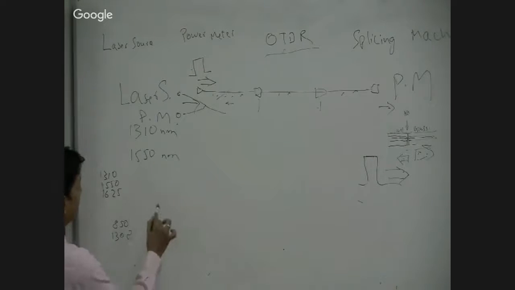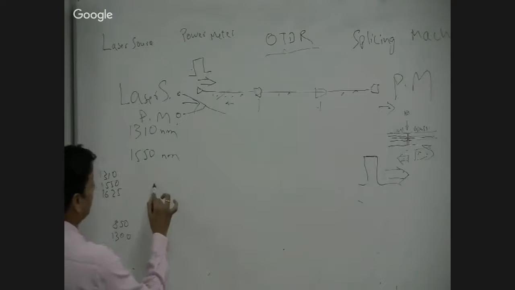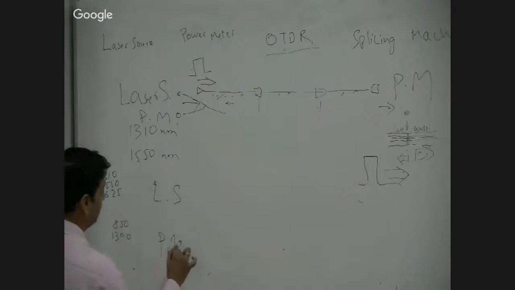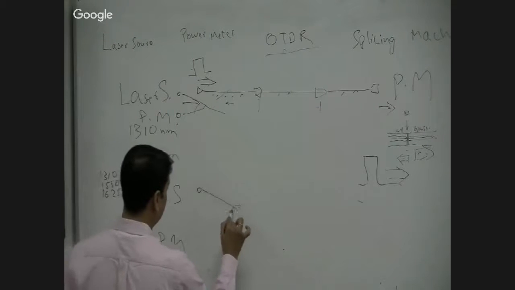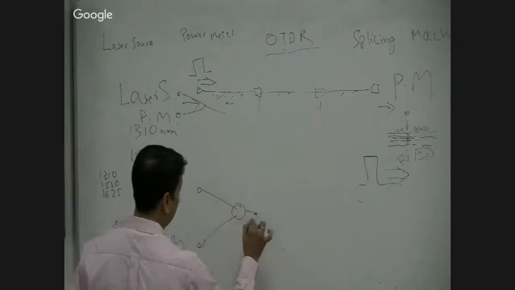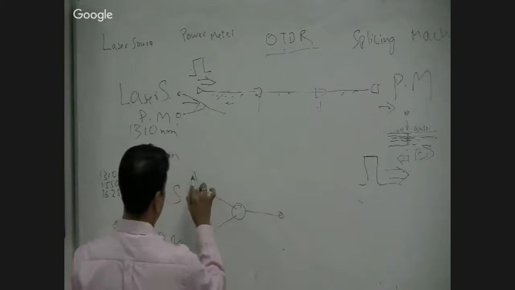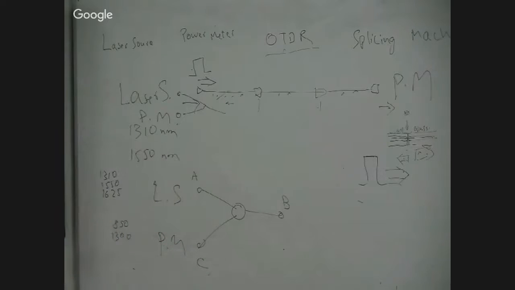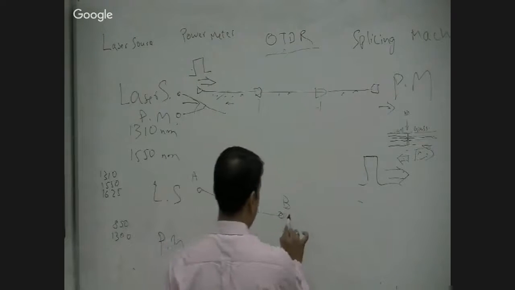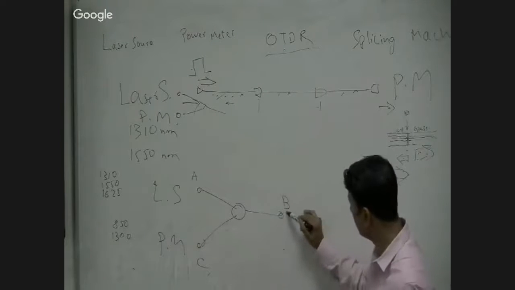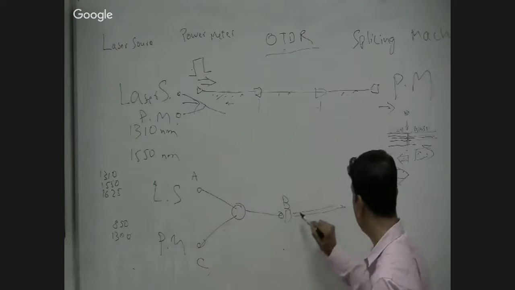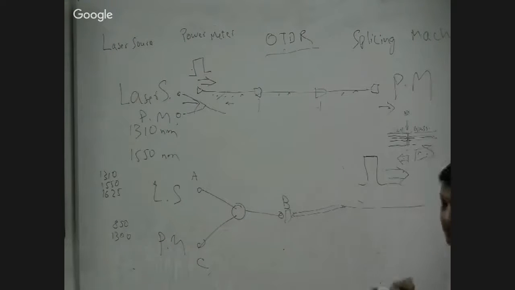Okay, so I'll just show you how an OTDR works. We have a laser source, we have a power meter, and we have a circulator. This is your testing point. This is where you will be attaching the cable to be tested.